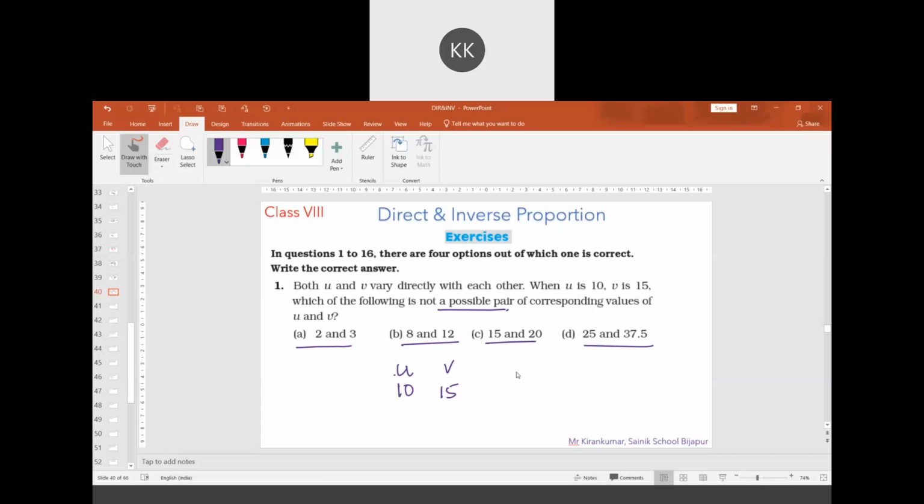Before that, you should remember that the ratio of u and v is a constant because it is a direct proportion. If you take 10 by 15, you can divide both by 5. We'll be getting 2 by 3. So this is possible.